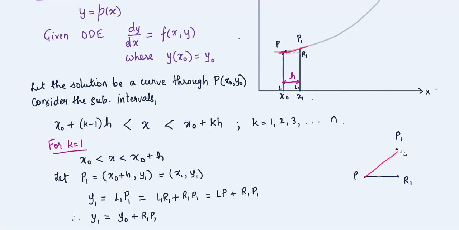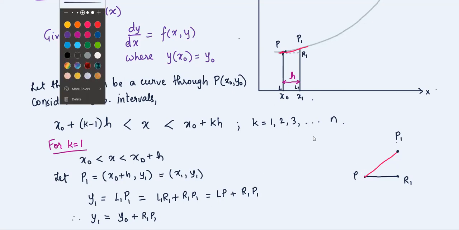P1 may be the solution exactly on the exact curve, but we are making a numerical approximation. So we assume that instead of the original point, P1 is this point at the end of the tangent. That is Euler's method, the end of the tangent.